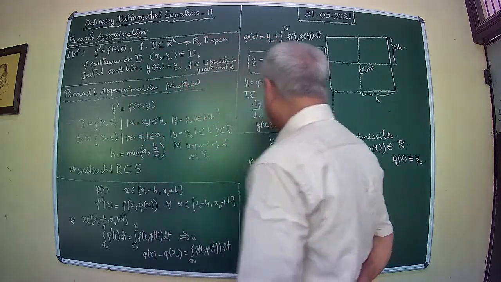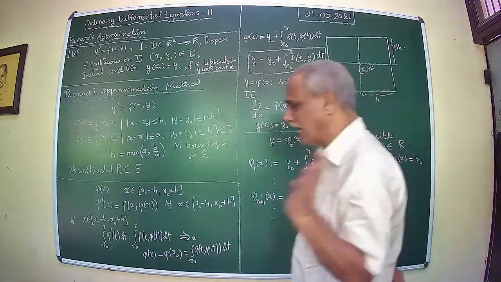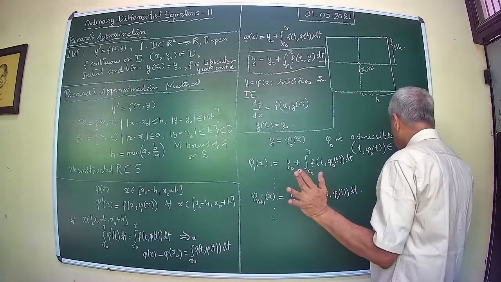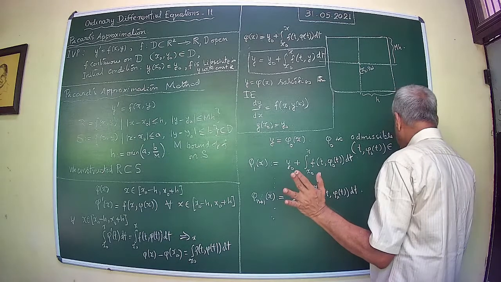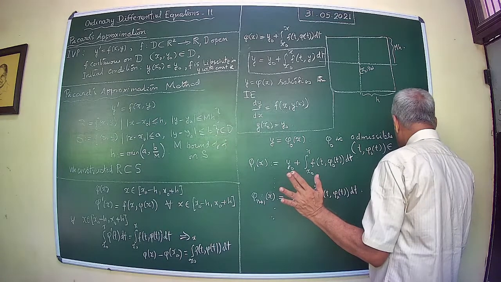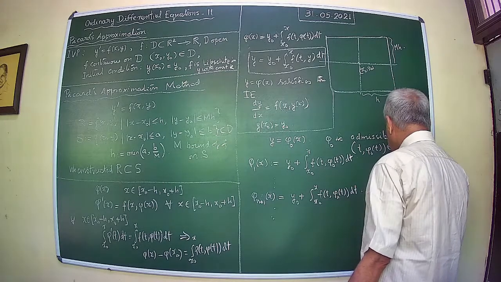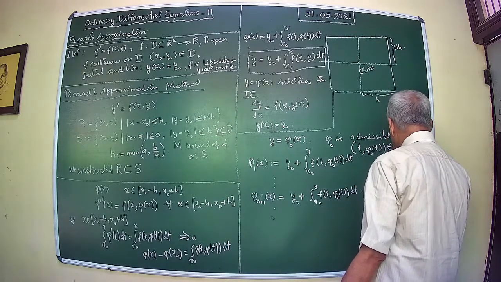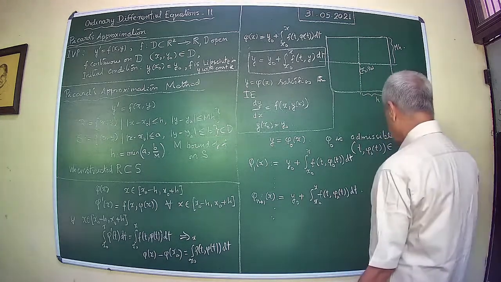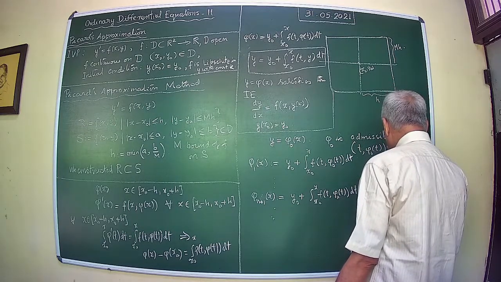From every phi n you can construct a phi n plus 1 provided phi n is admissible. That's all the requirement. So the question that you ask is this: is phi 1 admissible? First of all, suppose phi n is admissible, is phi n plus 1 admissible?